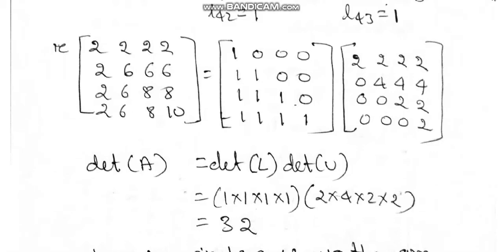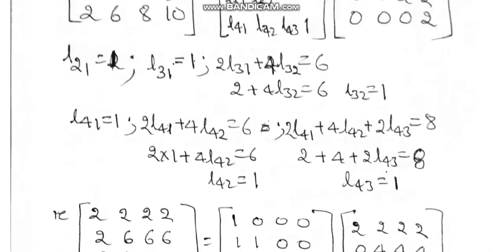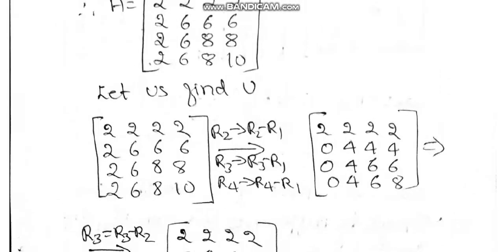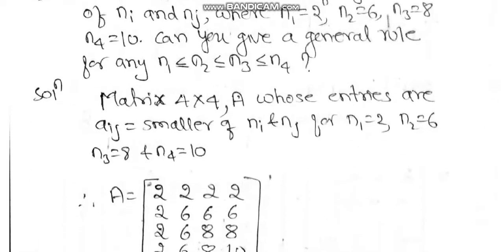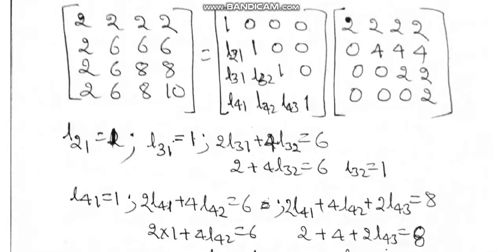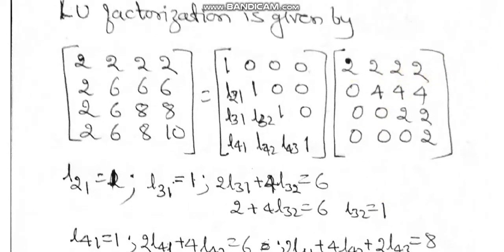So you can observe here what your pivot elements are. n1 was 2, and what were the elements? 2, 6, 8, 10, right? So after you have got U, what will be the U value? The first element is n1 as it is, and then it was 2, 6, 8, and 10, right?